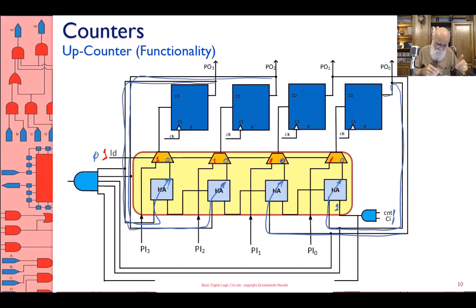And then clock arrives. So what happens is, it goes here, it goes here, it goes here, it goes here. Clock arrives. The incremented value gets clocked into the 4 flip-flops. In case of load, though, the half adders are ignored. This goes in here. This goes in here. This goes in here.